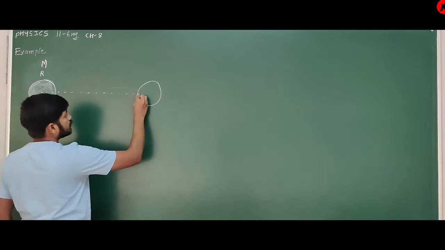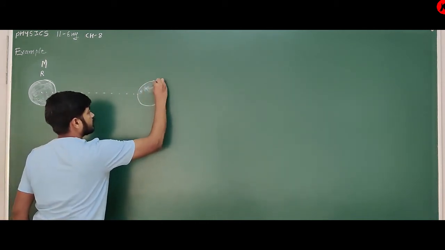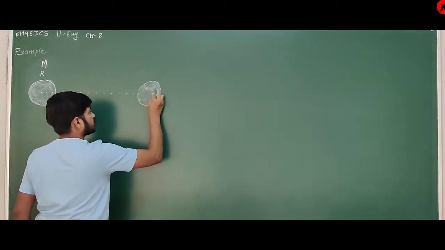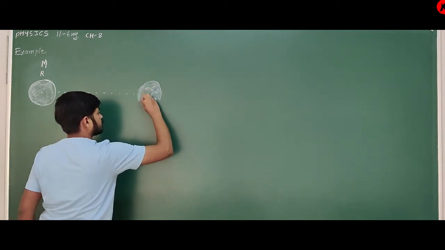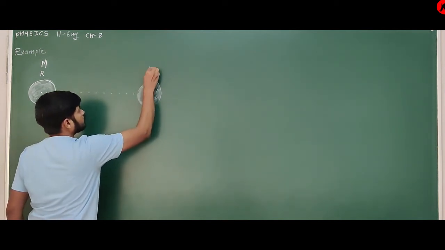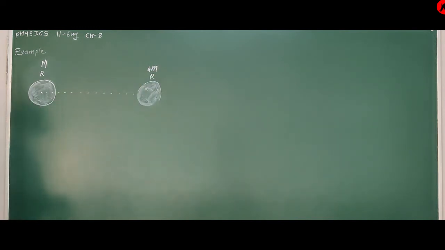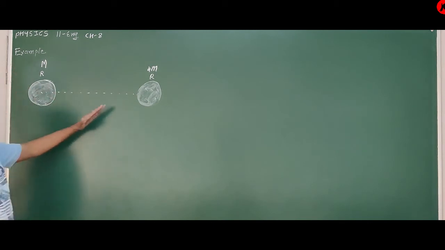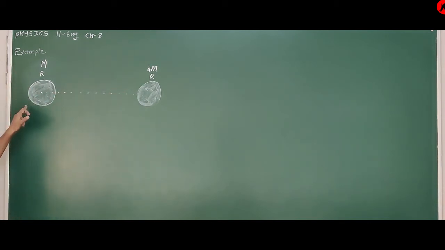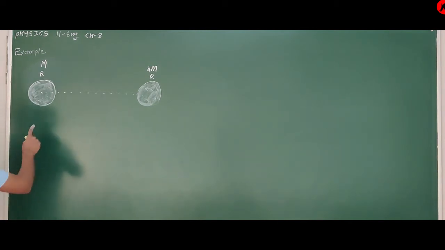Another sphere is of mass 4m and radius r. So you are given two spheres of equal radius but different masses, m and 4m.